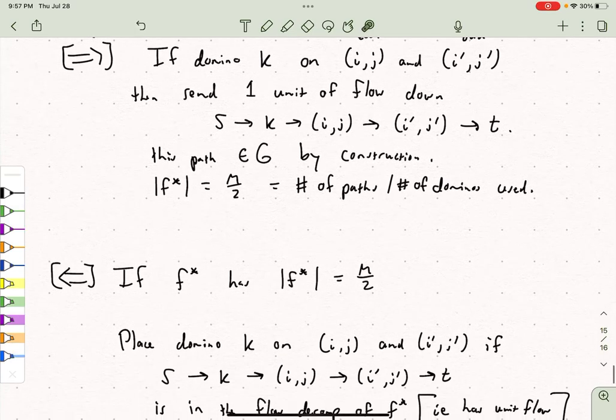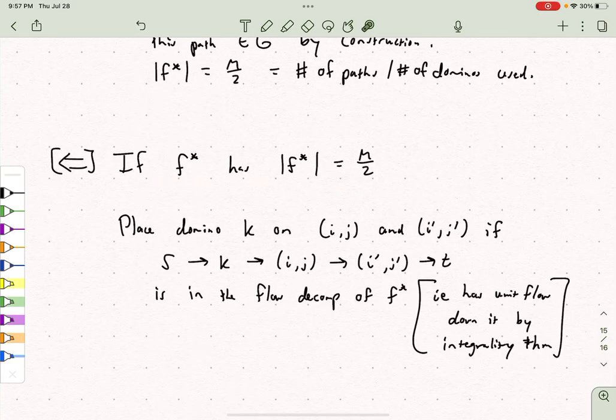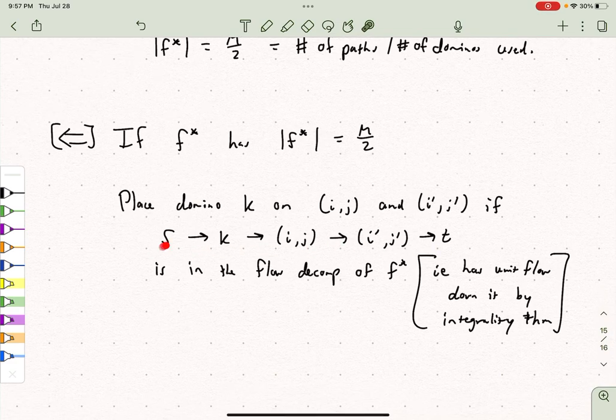Okay? Now for the other case, let's say f star has a flow of size m over 2. Well, then we can do the following. We place domino K on cell ij and I prime j prime if this was the path. Specifically, we find the path in the flow decomposition of f star. Or because this is a simpler graph, we just have to find a path of unit flow by doing a whatever first search.